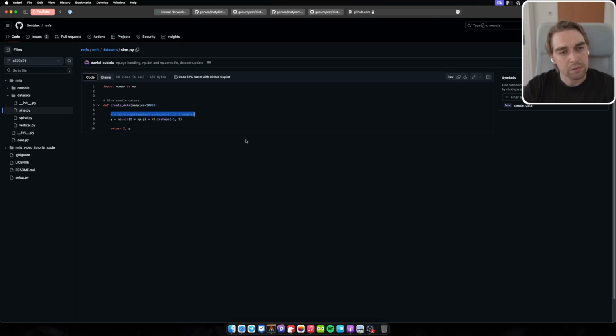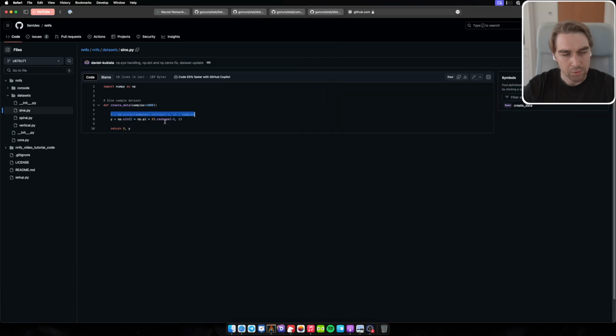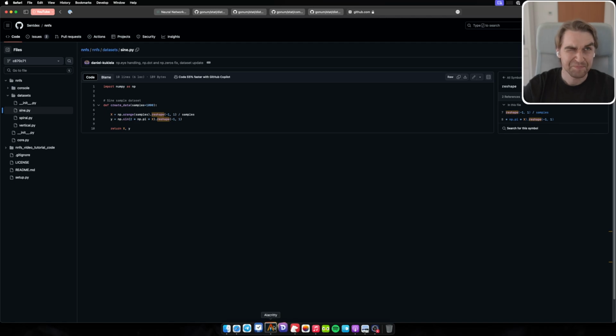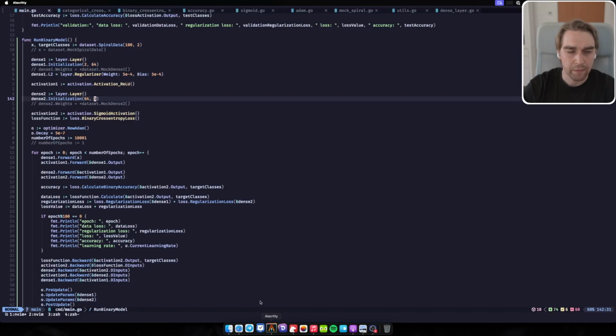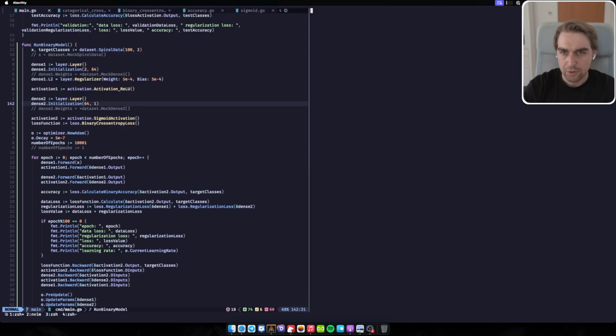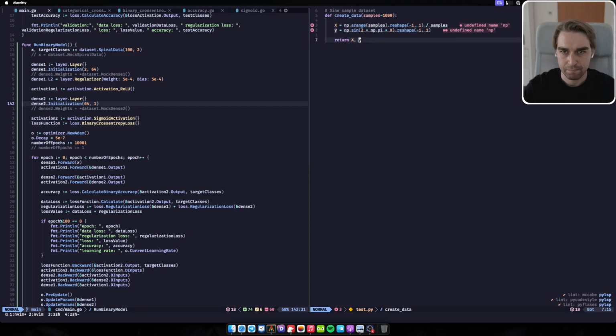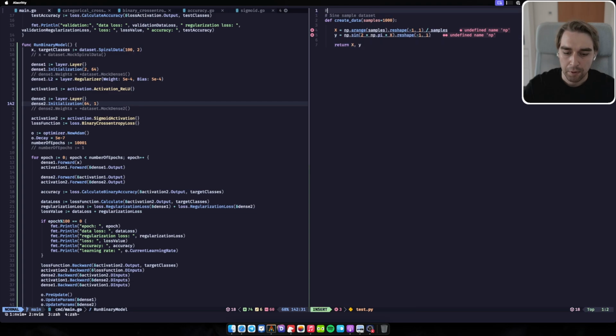Okay, so the x is from -1 to 1. I think it will return a two-dimensional array with one thing inside. Let's just take a look. I need numpy.